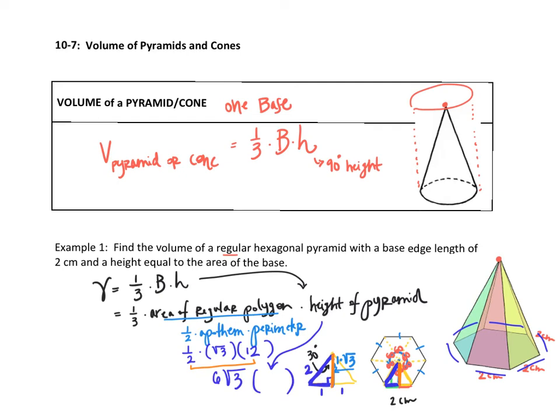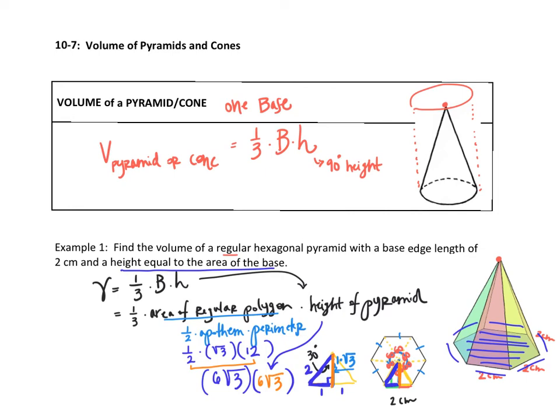Well, notice it says the height is equal to the area of the base. Well, we just found the area of the base, didn't we? We just found this hexagon, and we know that the area of the base is 6 root 3, so we're going to plug in 6 root 3. So I found the area of the base times the height.